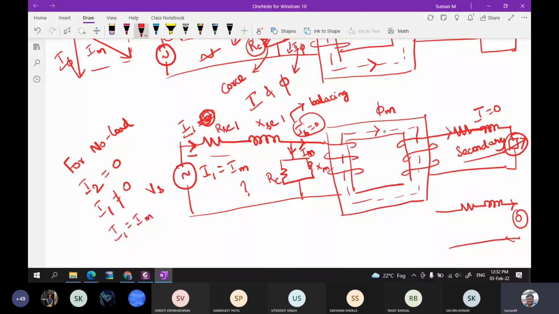If I add some load that is taking 1 ampere, that 1 ampere current should of course be supplied from the primary side. So if that is the case, how will the transformer primary get to know that there is a requirement of increase in current on the secondary? Can anyone tell me?